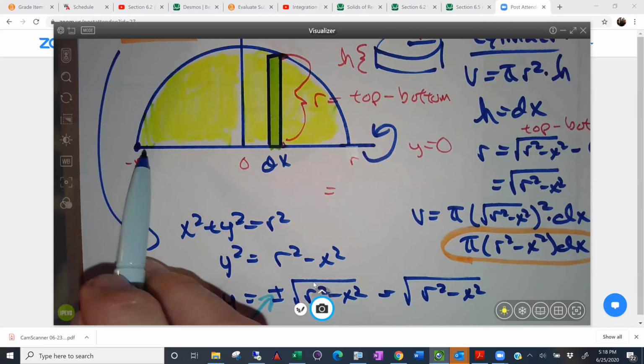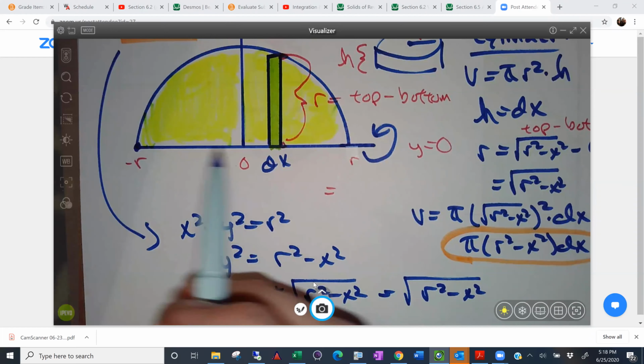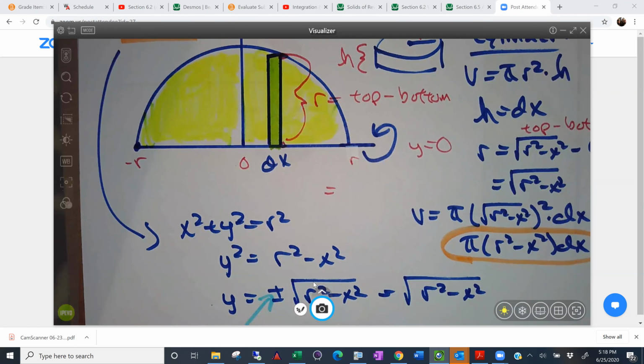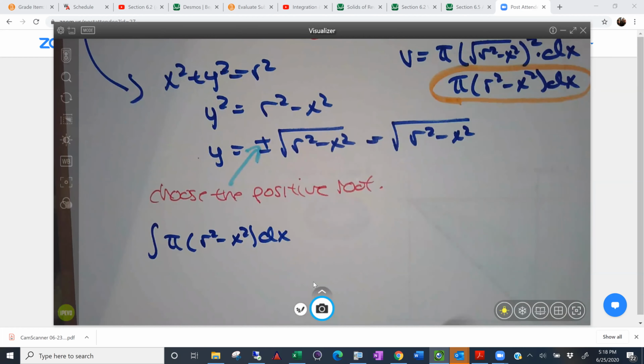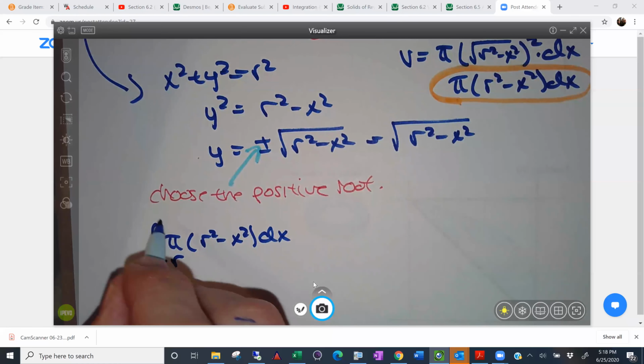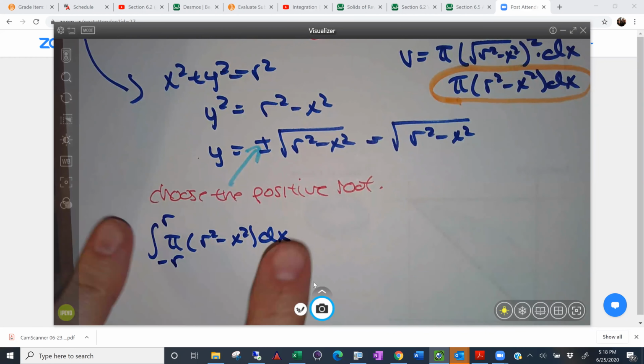So negative r. What's the farthest to the right I can take my slice? R. Thank you. So the integral from negative r to r. Are we okay with this much? Yeah. All right. Thank you.